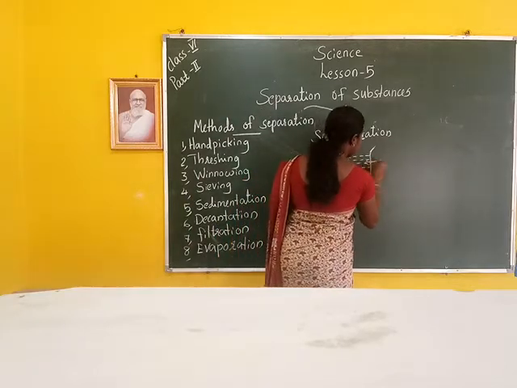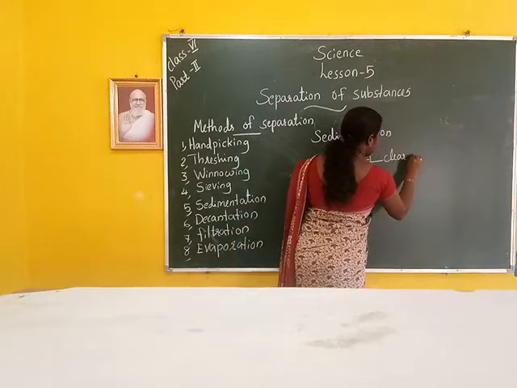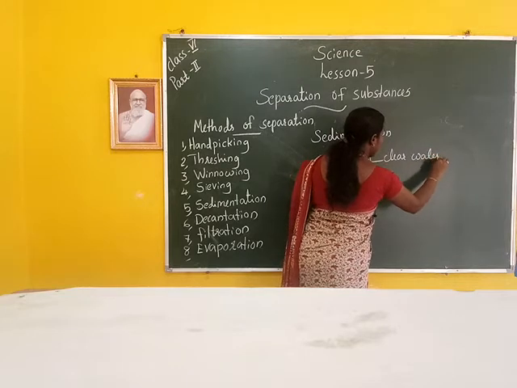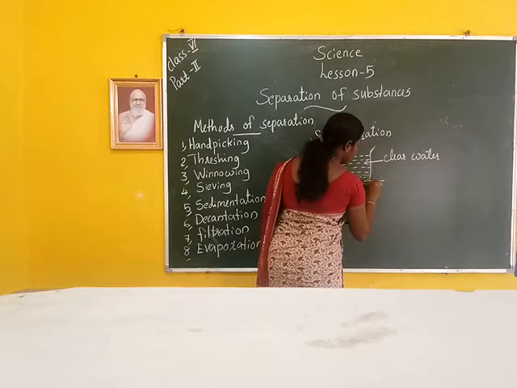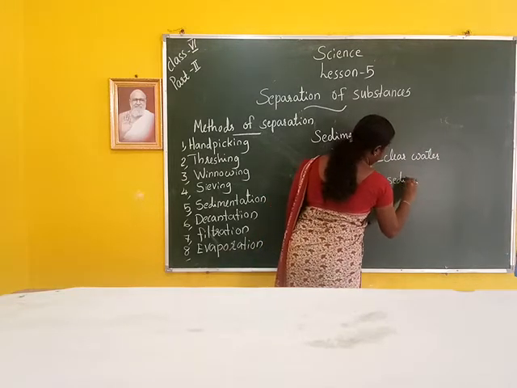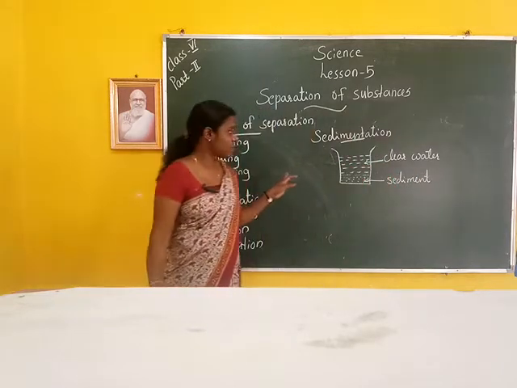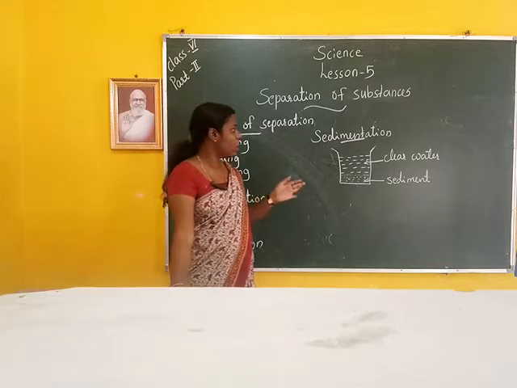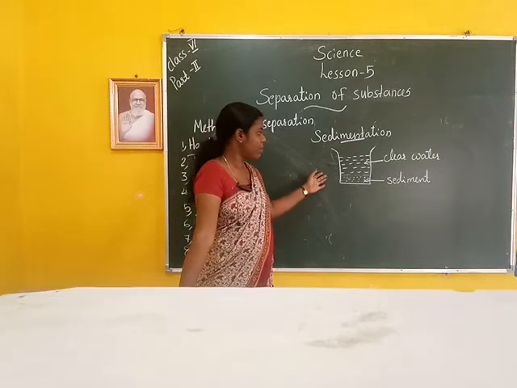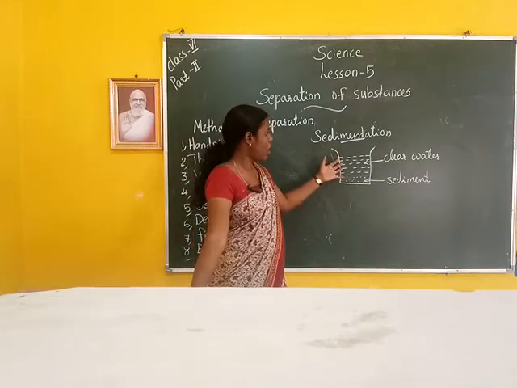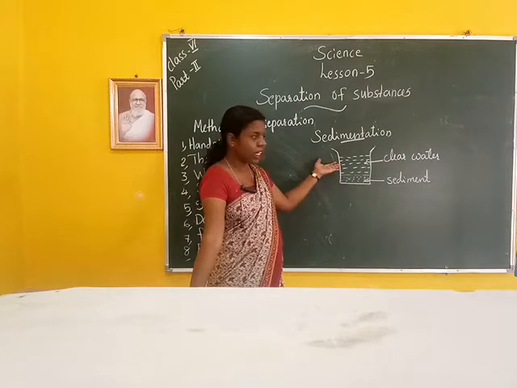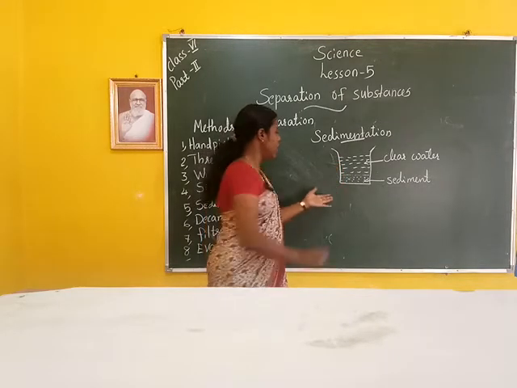This is clear water and downside sediment. Then water is mixed with some sand. Then after 5 or 10 minutes we check the beaker. How to see: upside portion clear water, downside sediment.